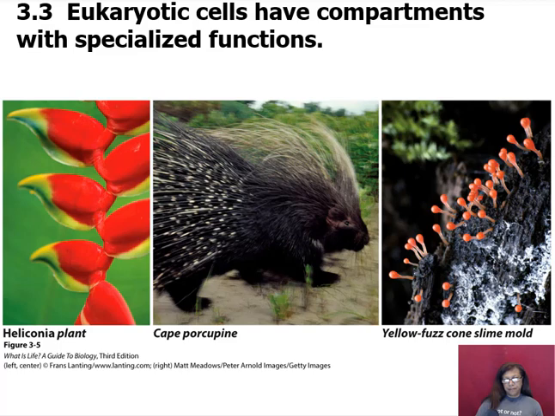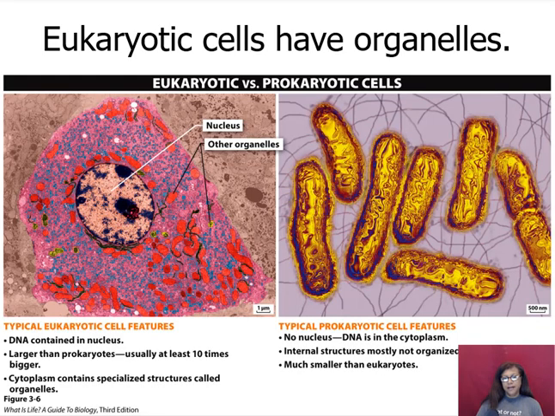But eukaryotic cells, plants are eukaryotic cells. Of course, mammals, all the animals on the planet, they're eukaryotic. We are eukaryotic. Slime molds are eukaryotes. Who knew, right? But eukaryotes all have organelles, right?